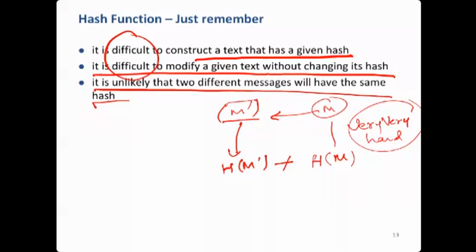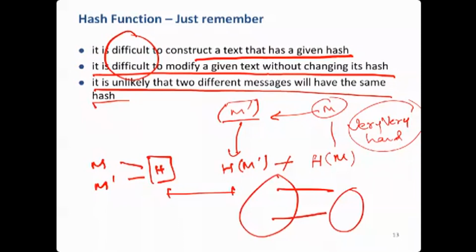The smaller space is just 128 say bits. The larger space could be anything. It could be a combination of 1 million raised to the power 1 million.